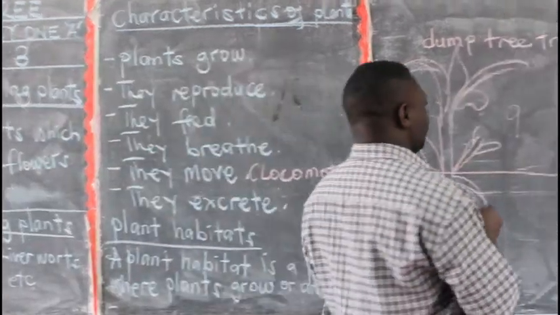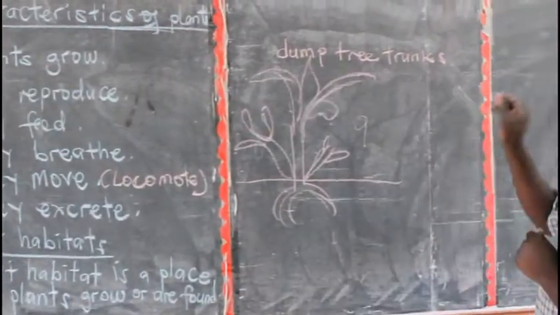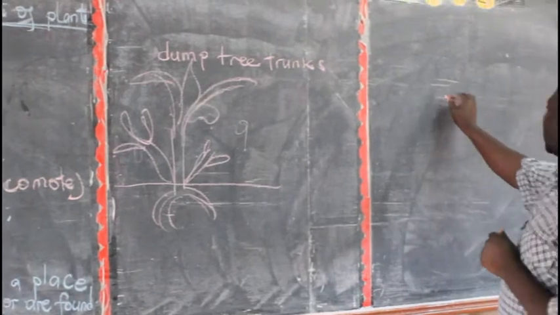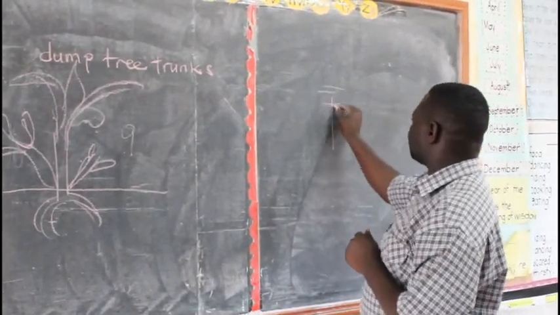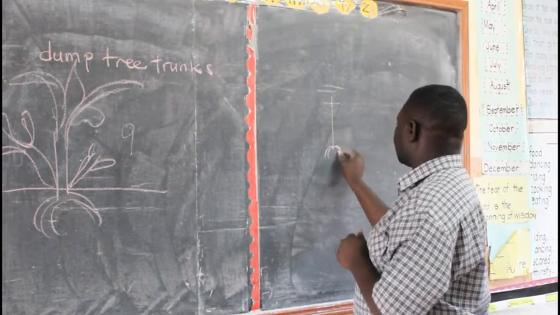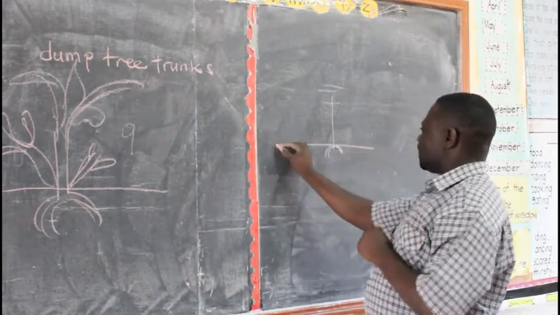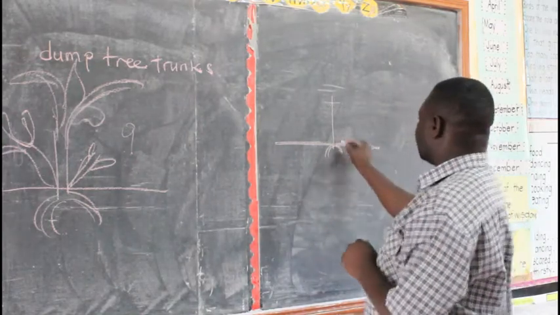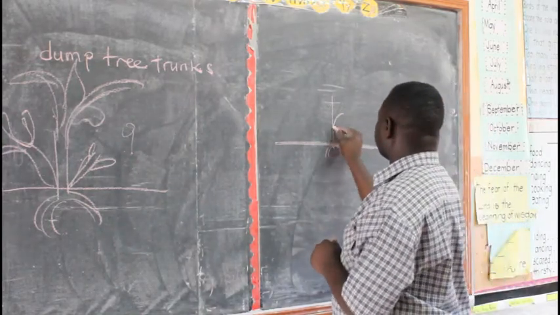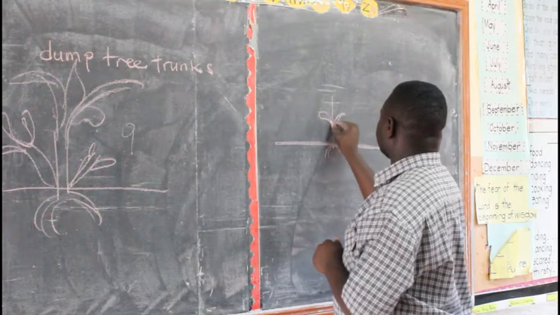A plant moves, my good children. How? You may plant here, for example, your beans. Let us give an example of a bean plantation. It is fixed underneath the surface of the earth. Then we have leaves.